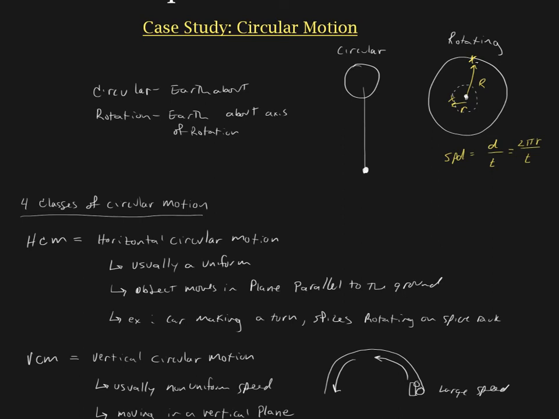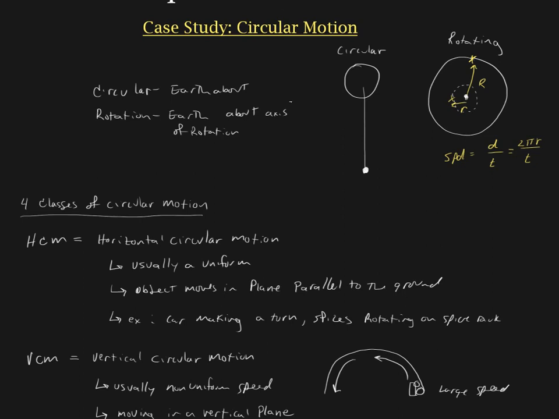So an example of a rotating object could be like a grinding wheel or the Earth rotating about its axis in 24 hours, whereas circular motion could be understood as a car driving over the top of a hill, or the Earth going around the sun.